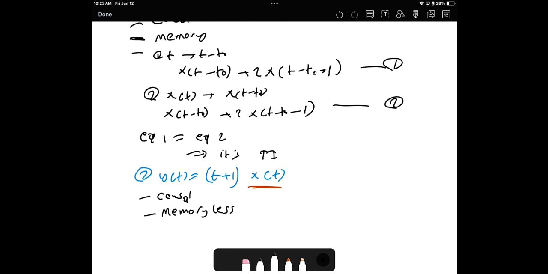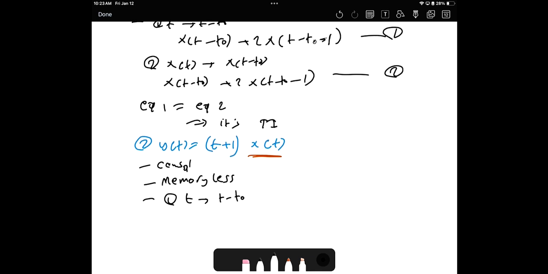Now the third thing to check is whether it is time variant or time invariant. Substitute every t by t minus t0. It will be t minus t0 plus 1 times x of t minus t0. This is equation 1.